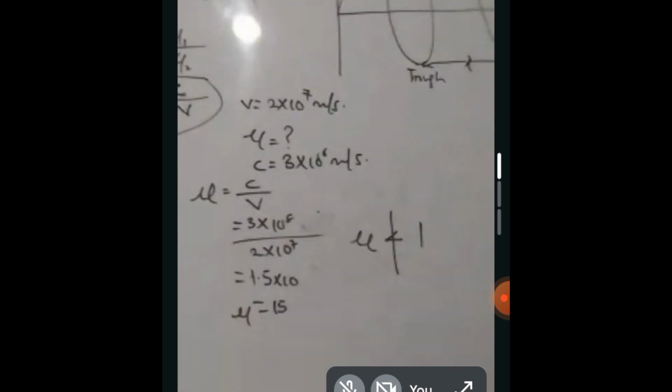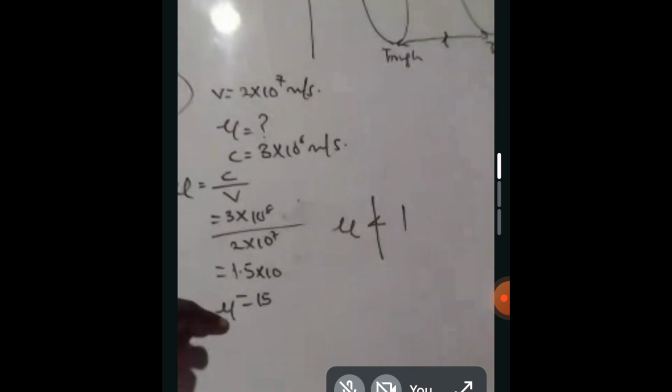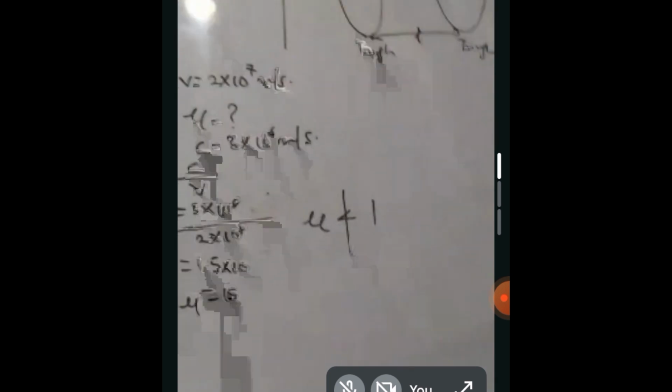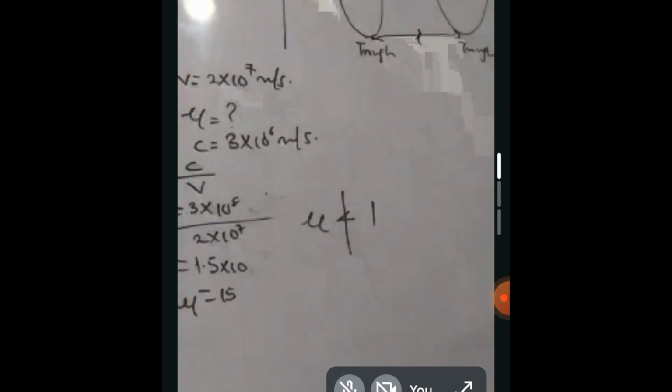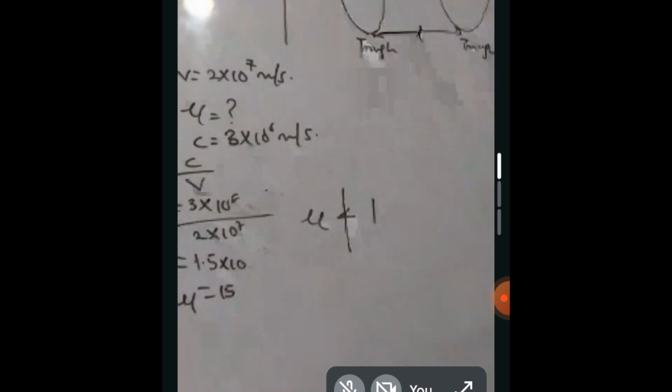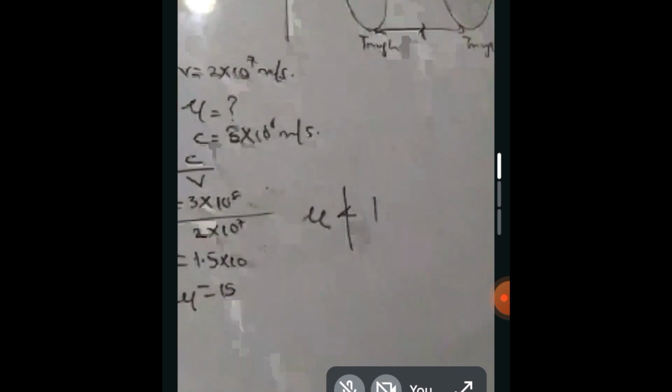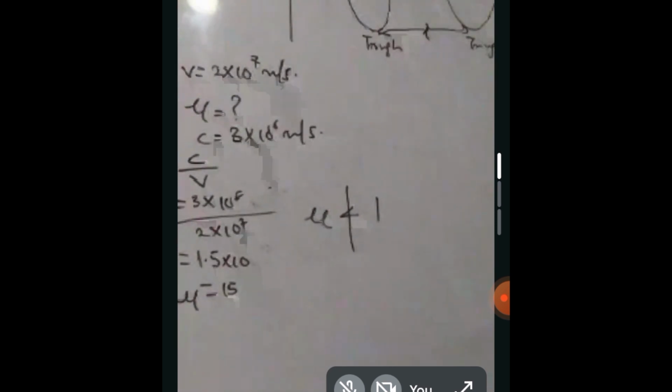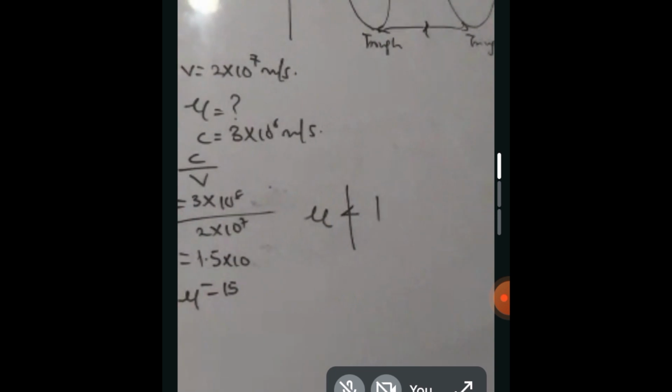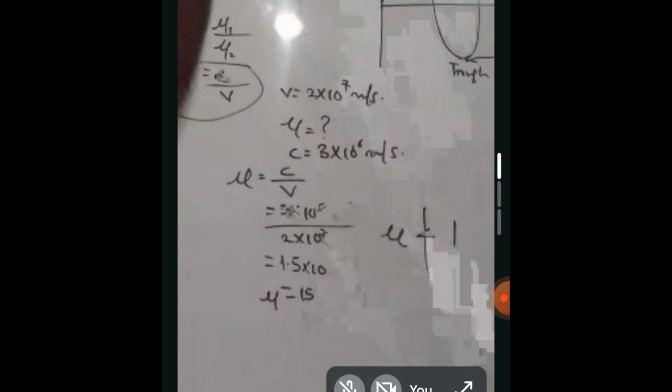I sure know that you will never have this thing less than 1, because this is fundamental. We'll talk about it later. I've actually got the answer.